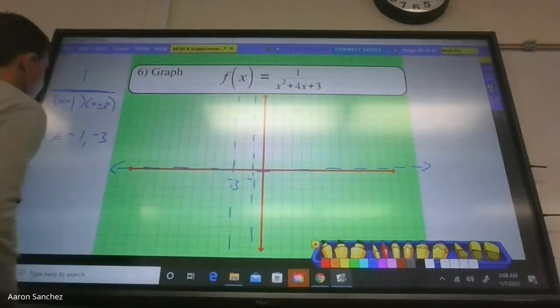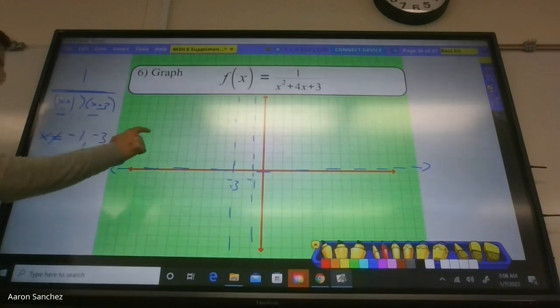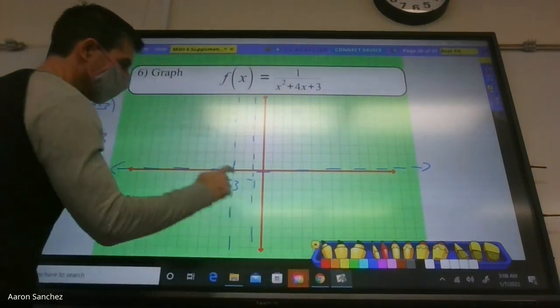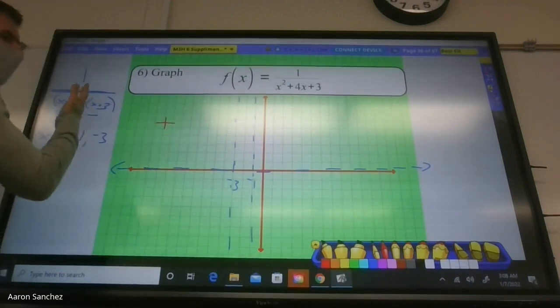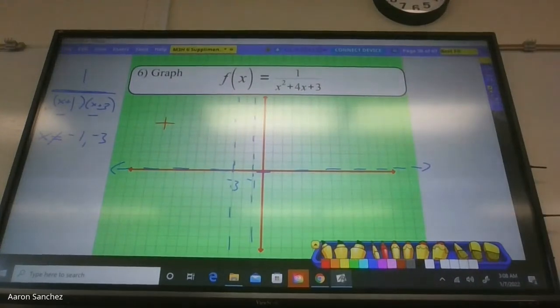Julian, how'd you get negative? Plug in -4. Negative, negative. Two negatives make a positive, right? Well, you can't. The one's just a positive, right? So it's not going to give you a negative.